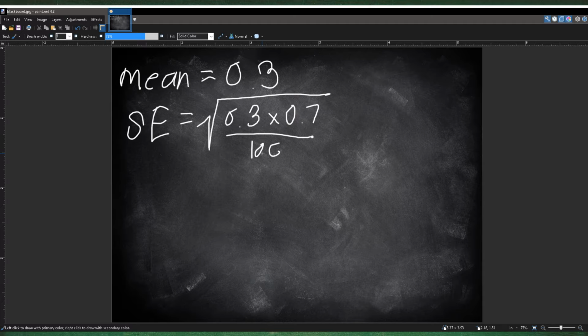You could round this up and say this is approximately equal to 0.0458. I usually just write 3 decimal places.